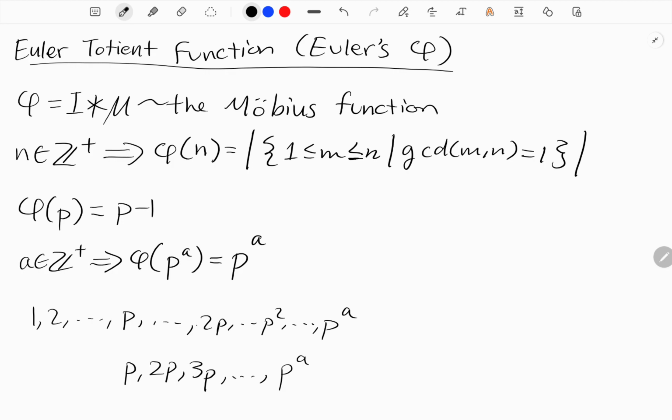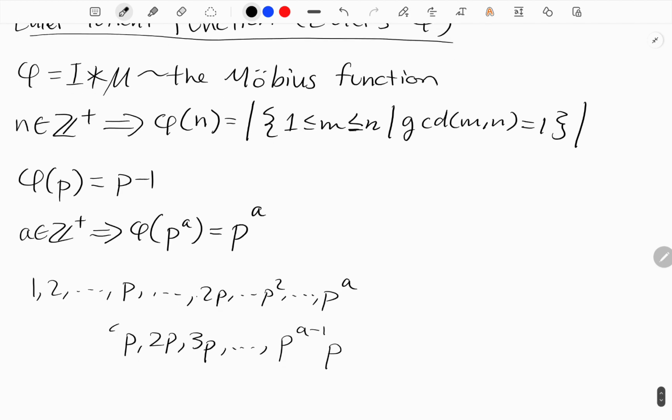Okay? But I can write p to the power of a as p to the power of a minus 1 times p. So these are the set of numbers that are not co-prime with p to the power of a. Well, how many are there? There's just 1 of them, 2 of them, 3 of them, all the way to p to the power of a minus 1 of them. So p to the power of a minus 1.